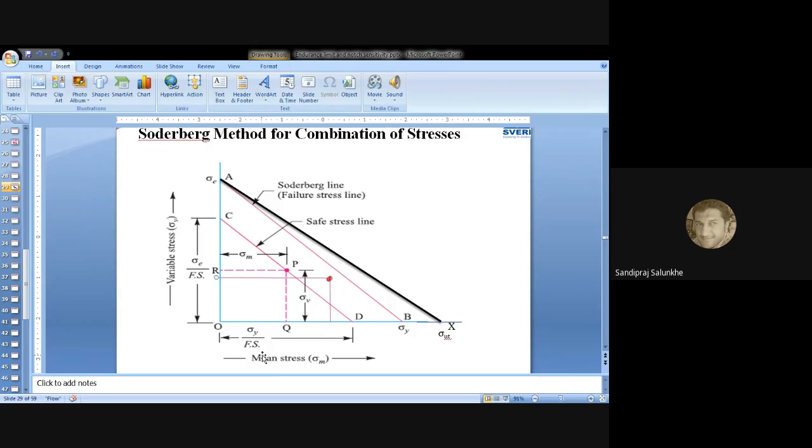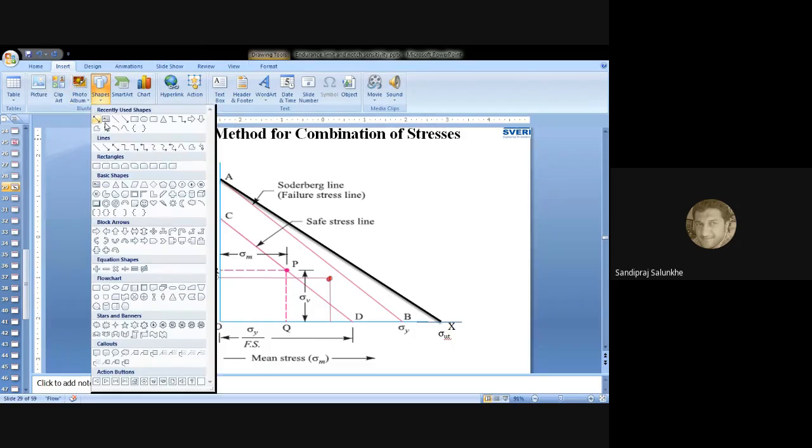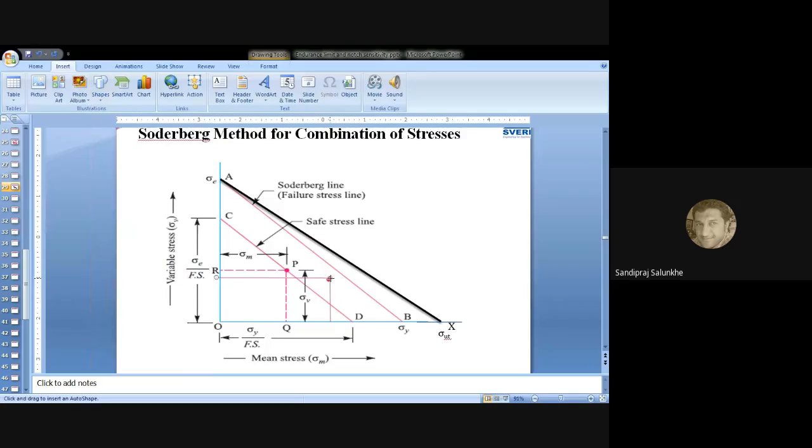ओके. ओके. आणि या दोन्ही म्हणजे याच्यातून पास होणारे रेष which will cross to x axis and which will cross to the y axis also.